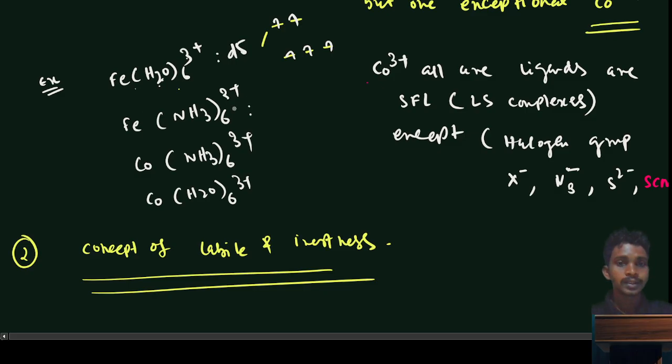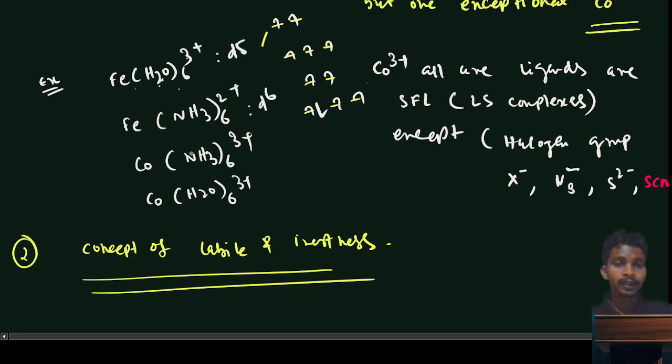Here also this is d6, let's say it is 2 plus, then d6. For plus 2 oxidation state, still En. So NH3 lies before En, so this is also again a weak field ligand. So this will be 1 2 3 4 5 and 6.